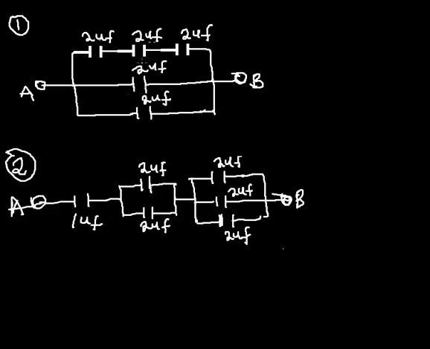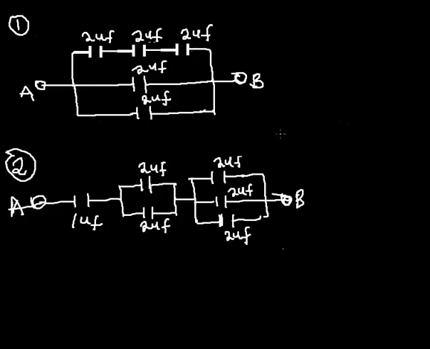The very first thing you need to do is to find out the capacitors that are connected in series and the ones that are connected in parallel. You need to be able to resolve the series connection and the parallel connection. Let's start with number one.